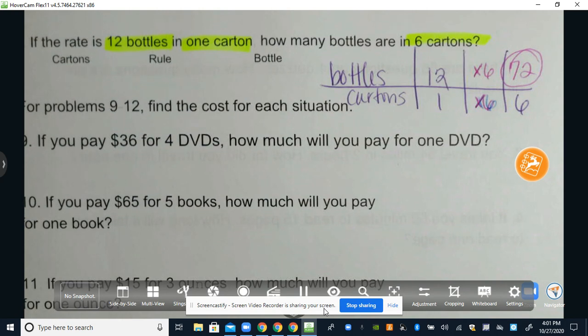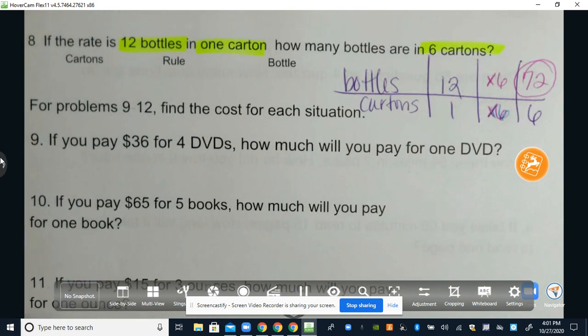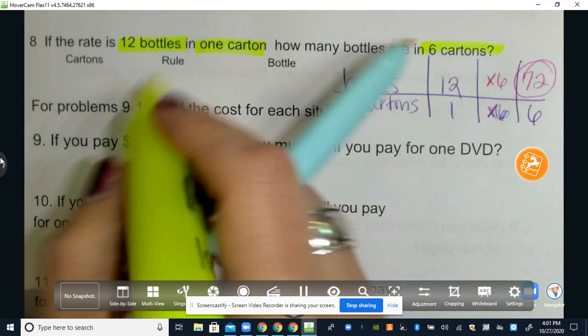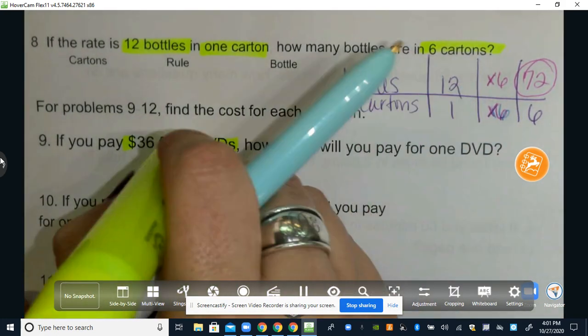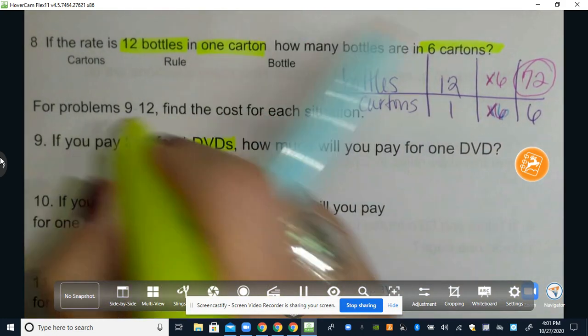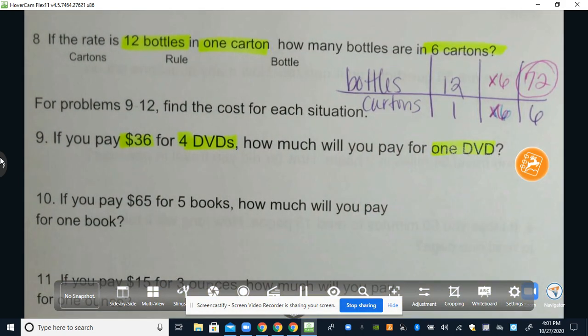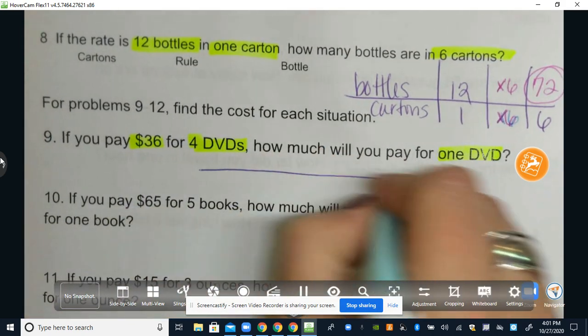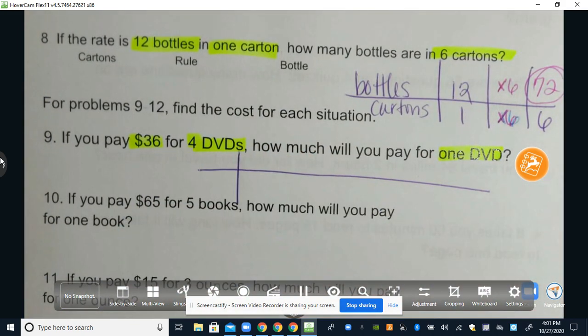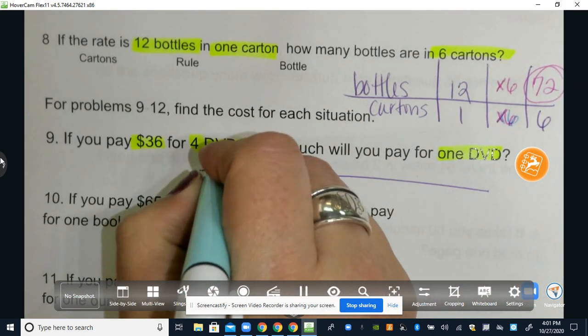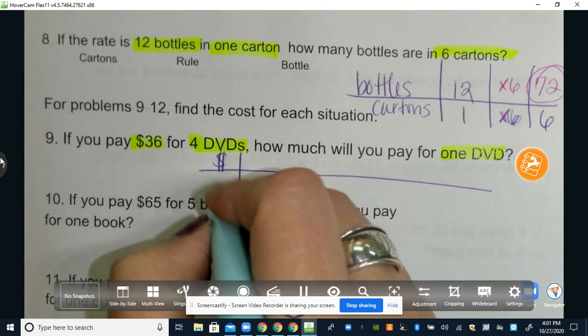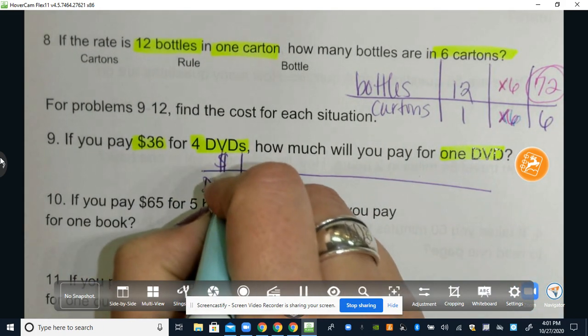All right. Our next one: if you pay $36 for 4 DVDs, how much will you pay for one DVD? We're comparing cost and DVDs. We need to know what one will cost. In my table, I have dollars, which represents my money, and DVDs at the bottom.